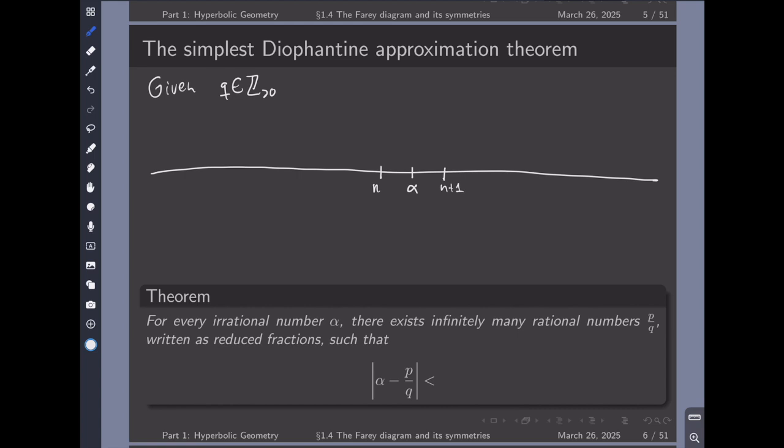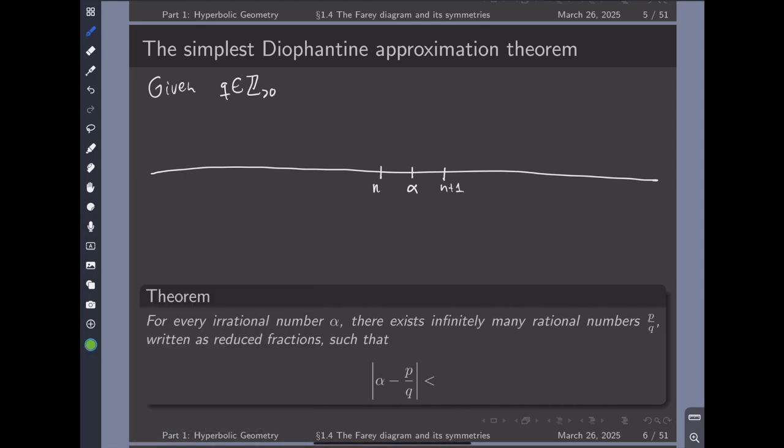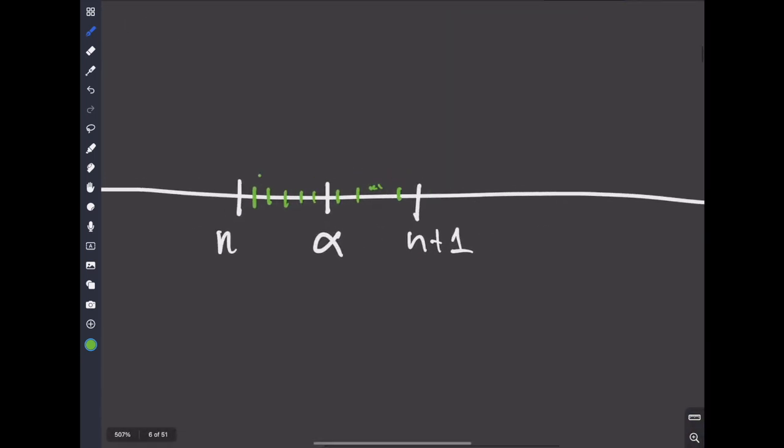So let me do that, etc. Where each of these is of length 1 divided by q. And I know that alpha is always between two of them.